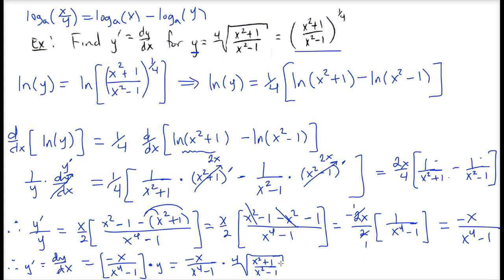And so we could keep it that way, or we could try to get a little more fancy and break down what the 4th root of x squared plus 1 and x squared minus 1 is, because we know that we have a factor of x squared minus 1 inside of this x to the 4th minus 1, but I'm not going to do that here. So the purpose of this is just to show you how to get the derivative, and at this point it's just algebra, so we'll just leave this.